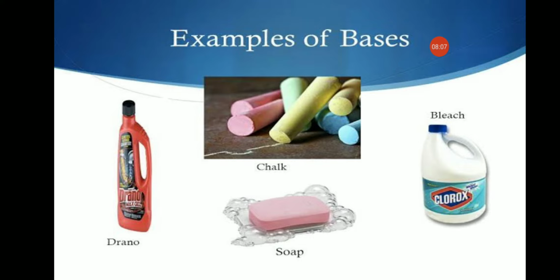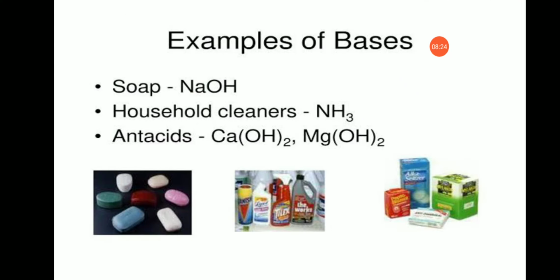Some examples of bases from daily life are chalk, soap, bleach, that means household cleaners, and Drano, that means a car wash liquid. These all contain bases as the chemical compound. Some other examples of bases are sodium hydroxide, that is a base present in soap, ammonia, that is a base present in household cleaners, and calcium hydroxide and magnesium hydroxide, which is present in antacids.